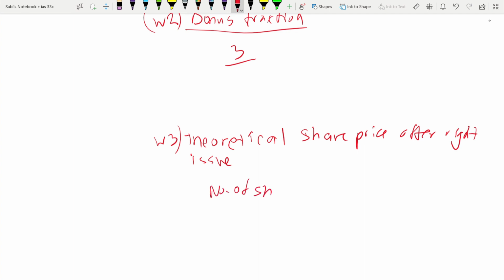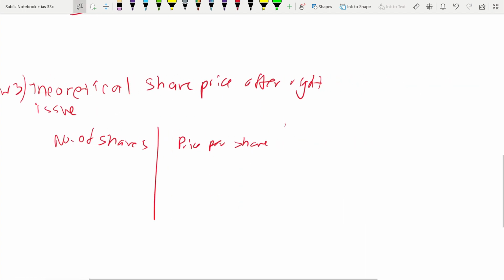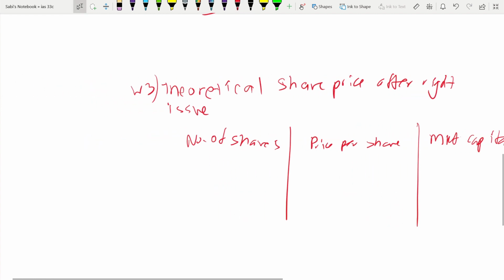You start with number of shares, then price per share, and market capitalization. So first before right issue, and right issue.